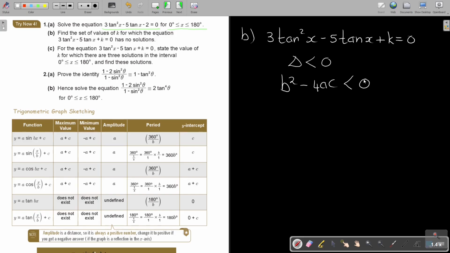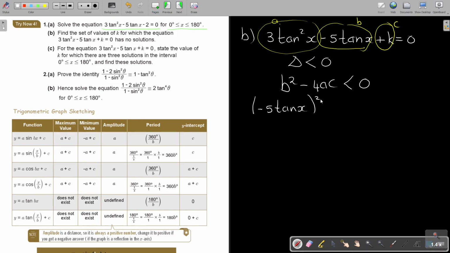Okay, so don't forget that this is going to be my c, and this is going to be, always grab the sign also, my b, and this is going to be my a. Okay, so I start with b, so it's b squared, so it's going to be negative 5 tan x squared minus 4, what is a?